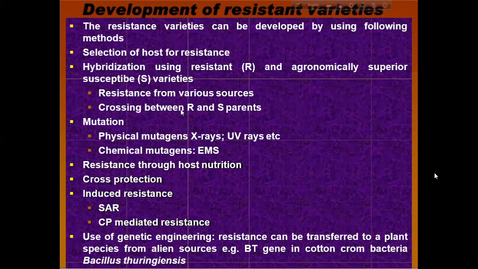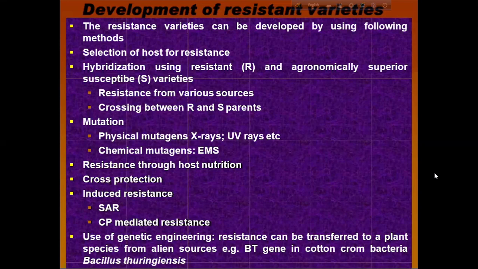And after mutation, they check whether they remain susceptible or not, whether they become resistant or not. So by several trials, they might be able to produce a resistant variety by using different physical mutagens: X-ray, alpha ray, beta ray, gamma ray, and UV rays. Sometimes they also use some chemical that induces mutation in the plant, you know, ethyl methane sulfate.